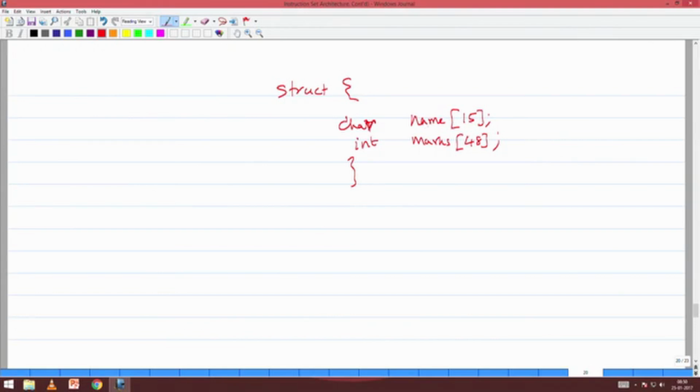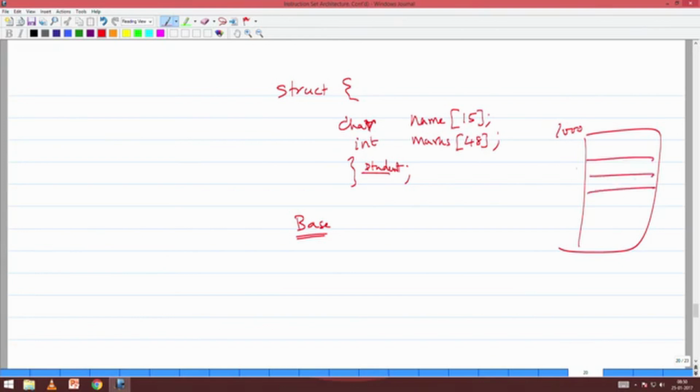So, this struct would be, say, a student record. So, there could be a base. Let us say this record is stored at 1000, the name starts, or your marks actually start, more than name, marks would be interesting. We start at say 1015 and it is 4 bytes, and so on.